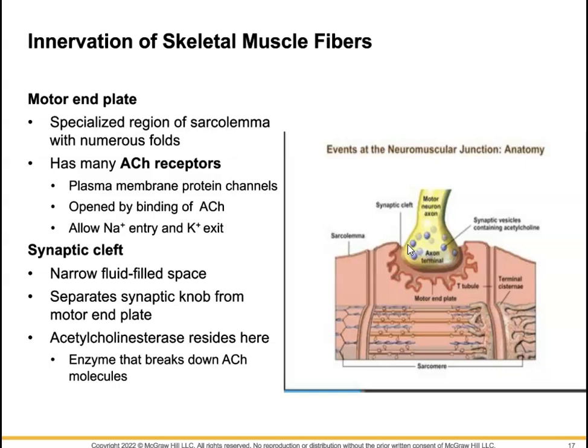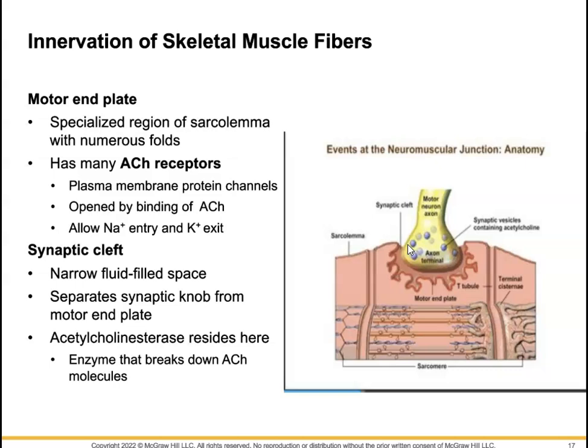So the acetylcholine, again, does not enter the muscle cell. It simply binds to the receptors and works like a key. So the receptors are the doors. The acetylcholine itself is the key that opens those doors.